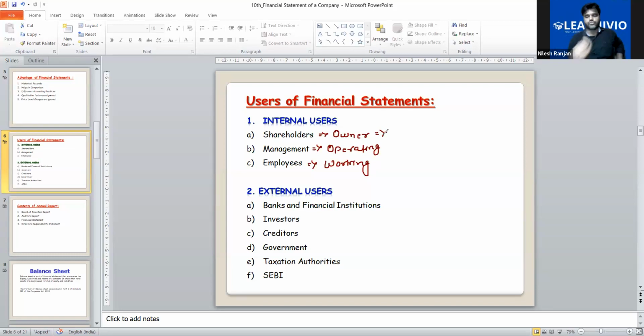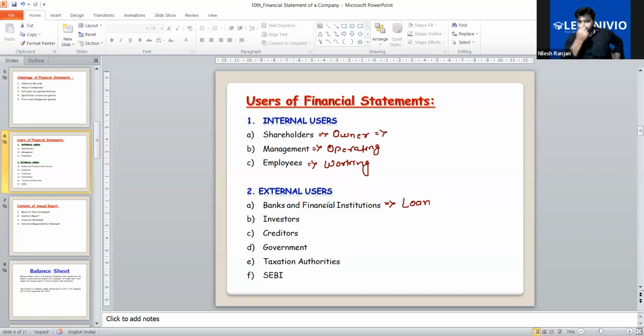Now the external users. External users: banks and financial institutions, these will give the loan. So they have already given the loan or they are going to. In both of these situations, they want to know about the financial statement or financial information about the company. Why? Because they want to save their money.